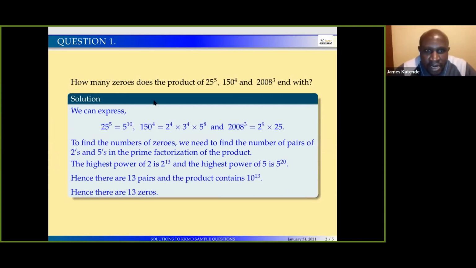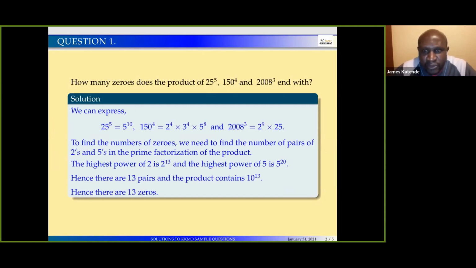The first question says, how many zeros does the product of 25 raised to 5, 150 raised to 4, and 2008 raised to 3 end with? So we are looking for the number of zeros at the end of this product.